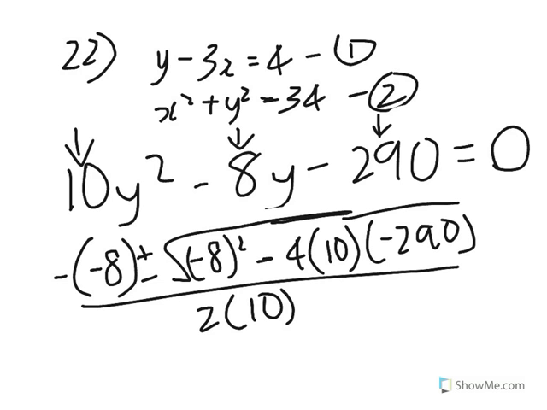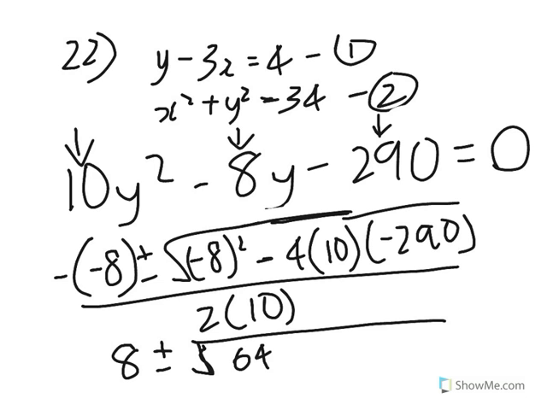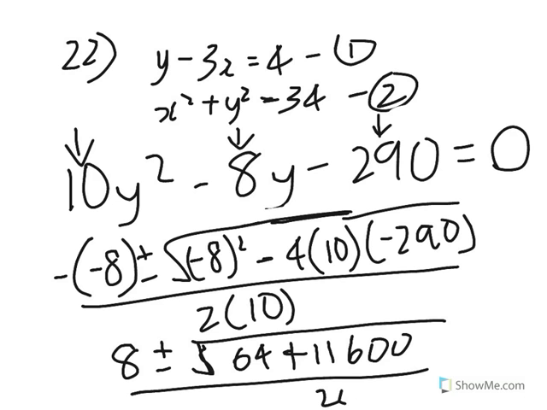Simplifying this, you get 8 plus or minus square root of 64 minus 4 times 10, which is negative 40. Negative 40 times negative 290 is positive 11600. So it becomes plus 11600, all over 20.